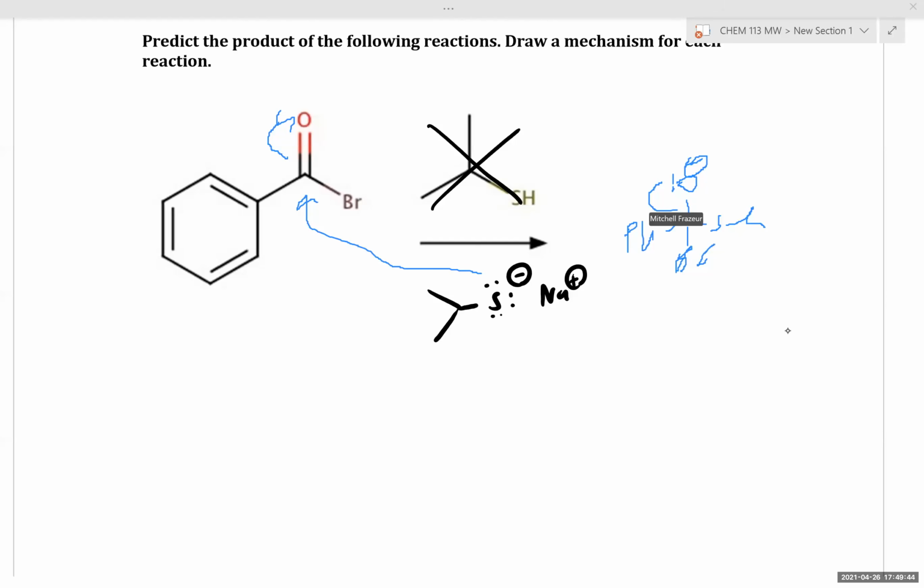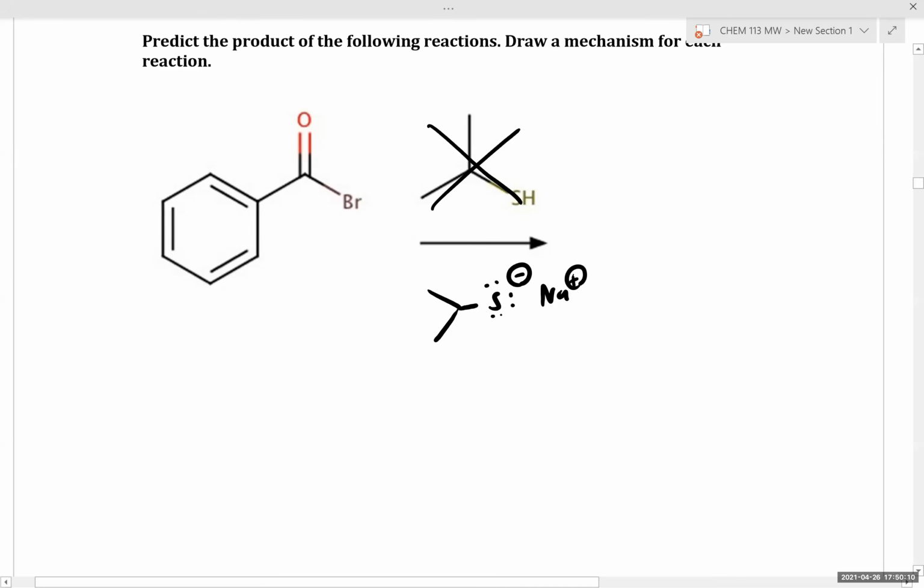From here, your tetrahedral intermediate will collapse, and you'll kick out your halide to make your desired carbonyl substitution product. Perfect, perfect. The student proposed mechanism looks completely reasonable.